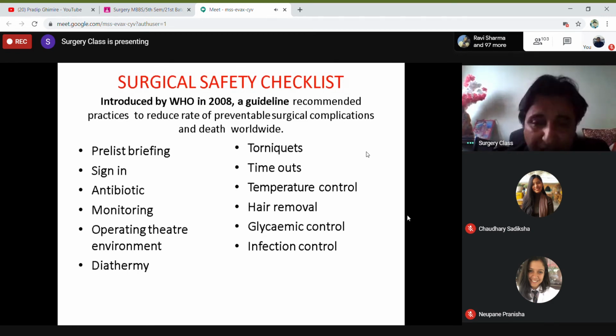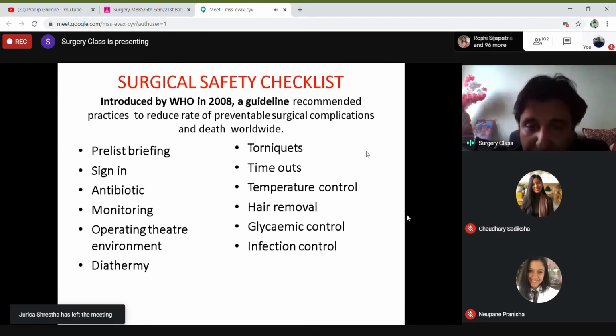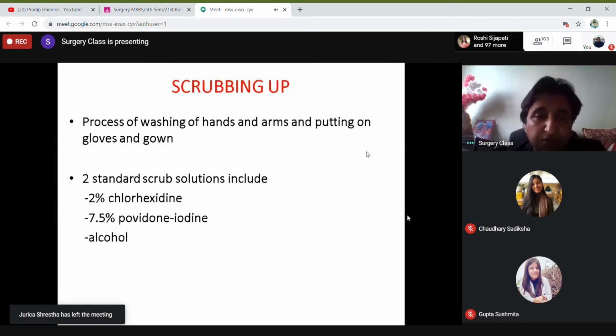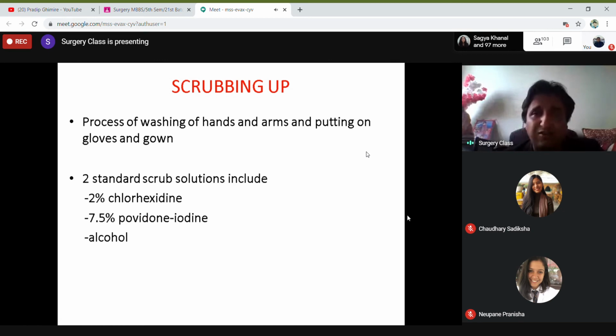Everything will be entered in the surgical safety checklist. You can check it on the net by searching the surgical safety checklist by WHO. You will see the various items which have to be entered before the patient is intubated and the surgery is started.